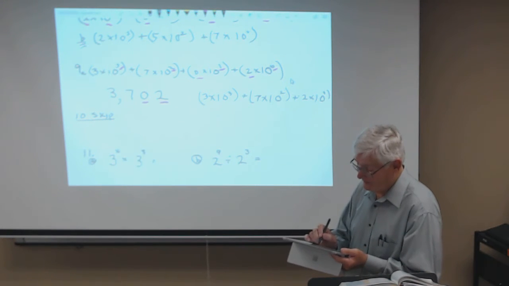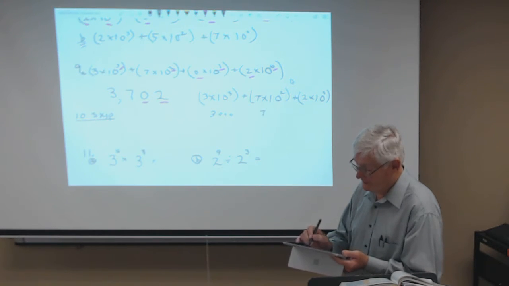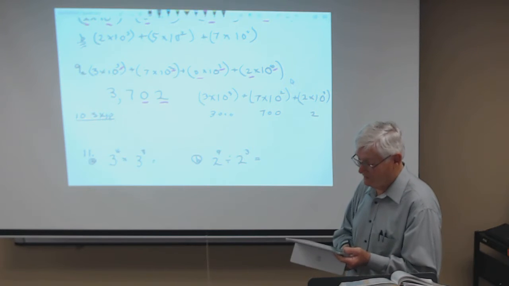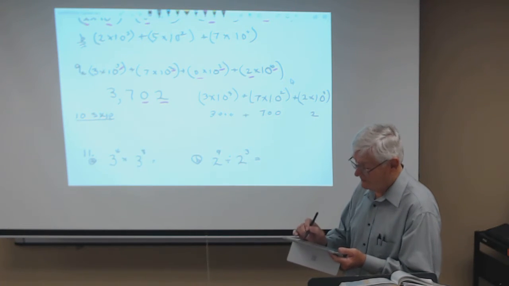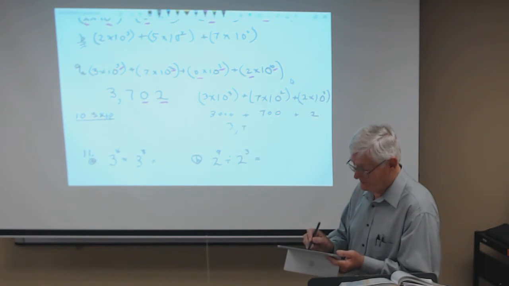What would you put down here? 3,000. Then what? 700. And then what? 2. And what would that be if you added those together? 3,702.